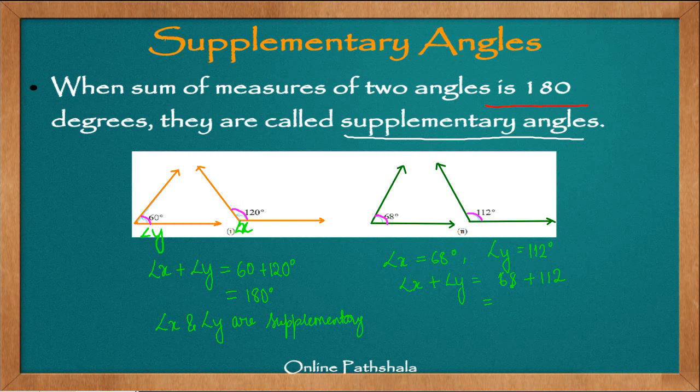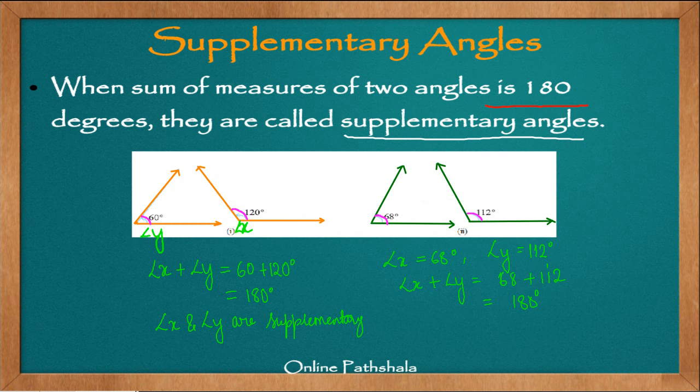This again equals 180. So we have 8 plus 2 is 10, carry over 1, 6 and 1 is 7, and 1 is 8, so 180 degrees. Therefore both pairs of angles, pair 1 and pair 2, are said to be supplementary.